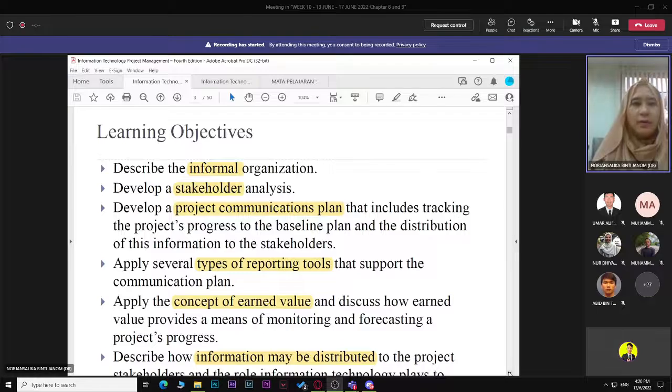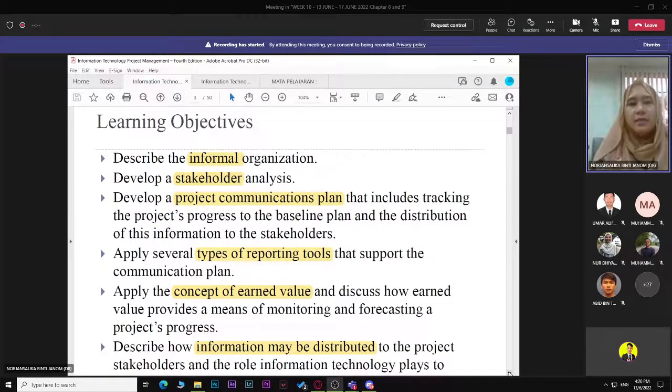So here, you need to understand that when we talk about organizations, there are informal and formal organizations. Informal organization, there is not really an emphasis on chain of command, decision making, the hierarchy, it's not there. For example, a family is considered an informal organization, a group of social interaction.